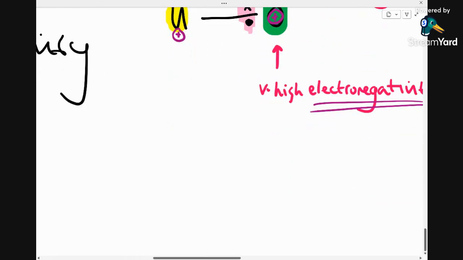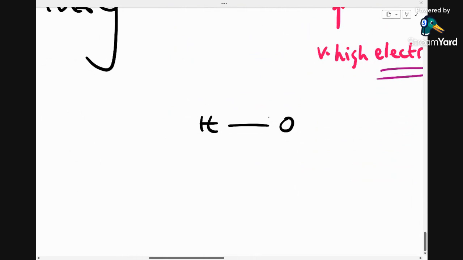So if I redraw this down here, if we draw the electrons in, I'll do them in pink, they're much closer to the oxygen. I'm slightly overdoing it here just to make the point, but they're very close to the oxygen.